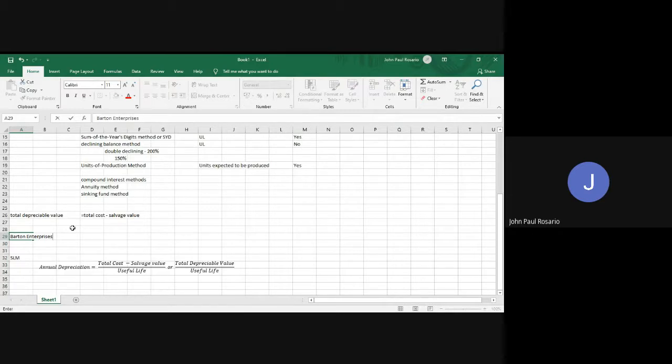So Barton Enterprises purchased a computer system for 90,000. Shipping charges were 1,250.